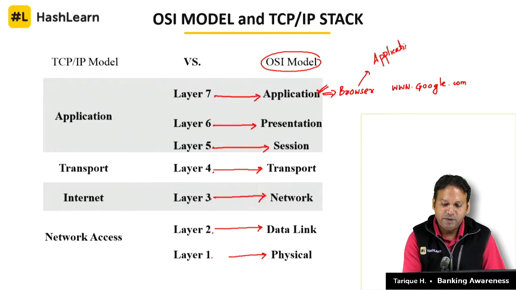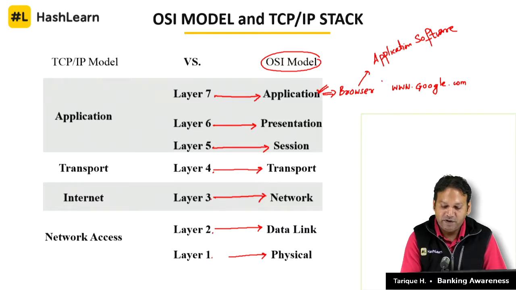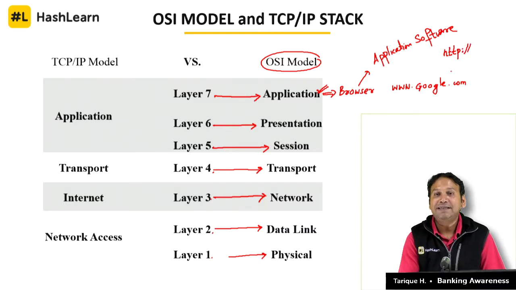So you are typing there google.com, and you know this is HTTP. We are not typing it here, but it is http:// and then you type. That means that this is working on the hypertext transfer protocol.